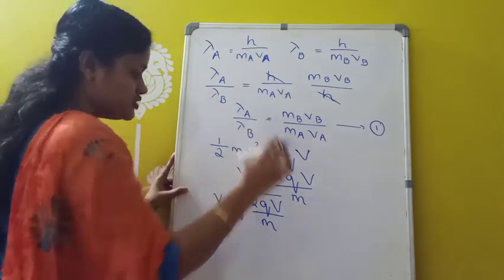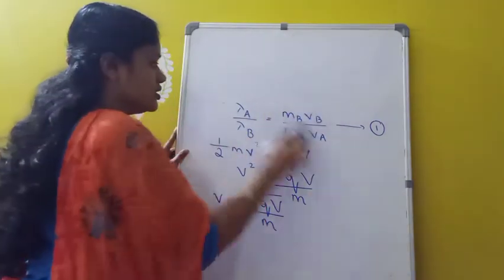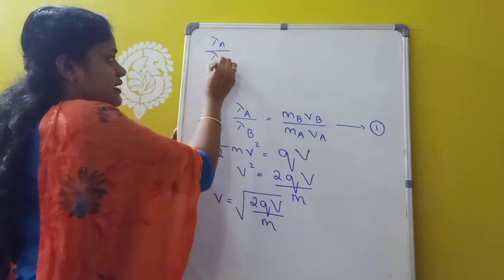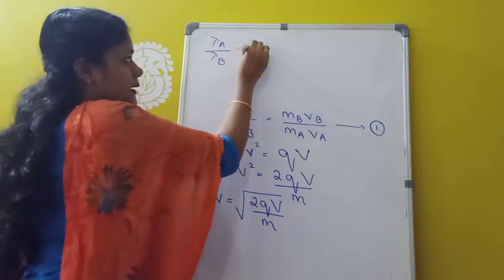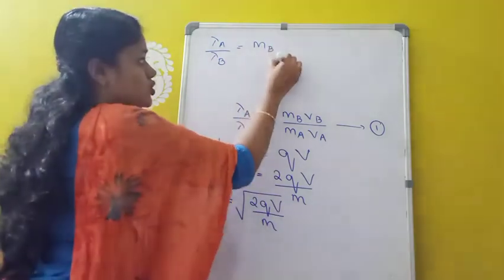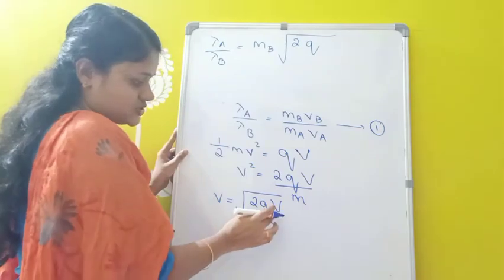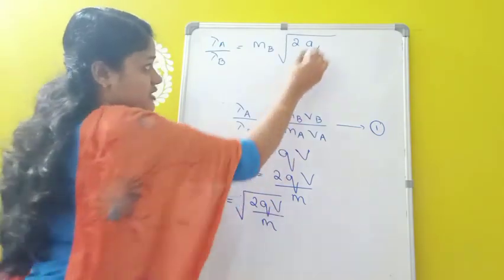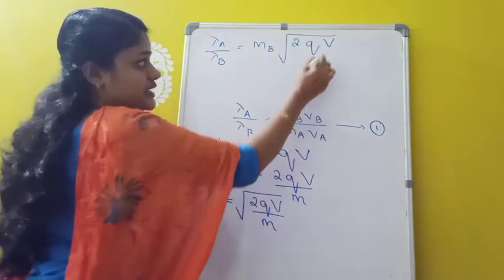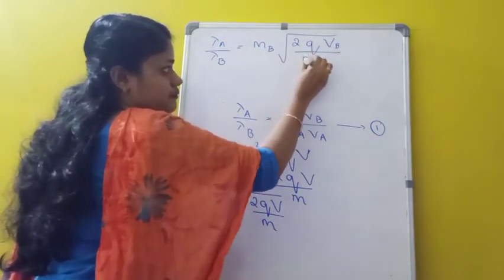Now we can substitute here in lambda A and lambda B. So we can write lambda A by lambda B equals Mb into, instead of Vb, root of 2 into q into Vb, the accelerating potential of particle B, divided by Mb.